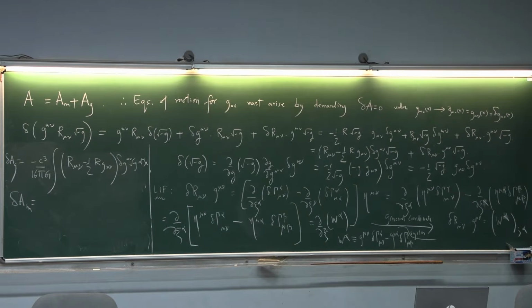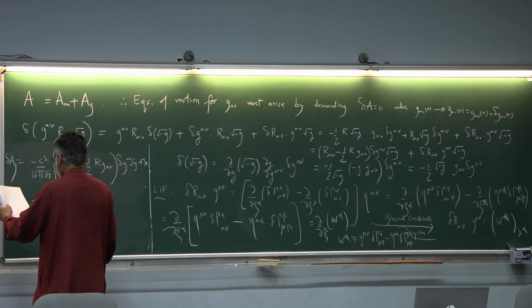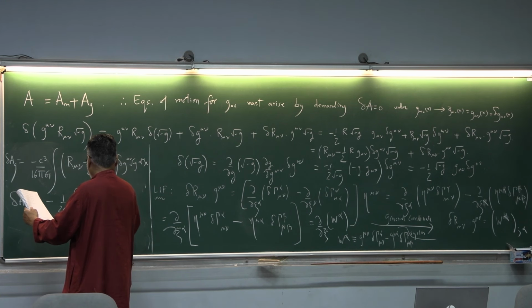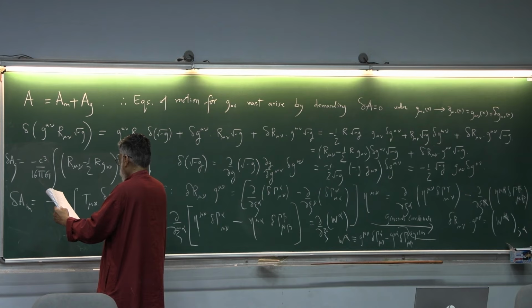So this is minus 1 over 2c T mu nu delta g mu nu root minus g d4x.